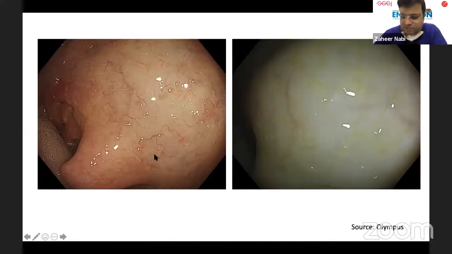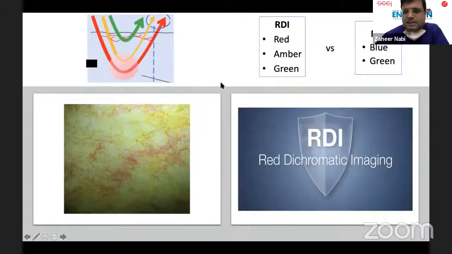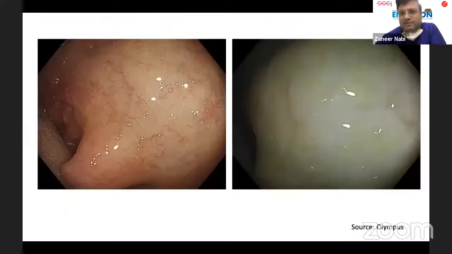So what we can assume, Dr. Mohan, is that this RDI mode has both green and amber. Green is supposed to detect the superficial vessels, and red and amber are supposed to detect the deeper vessels. So you have a feel of both. You can see both superficial vessels as well as deeper vessels, whether it's a tumorous lesion or you are planning a resection procedure.